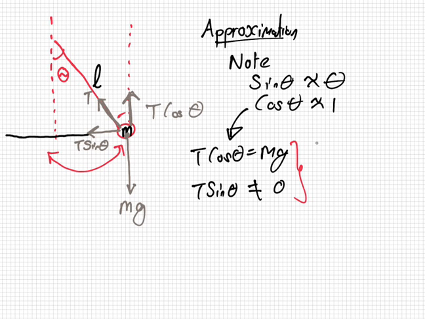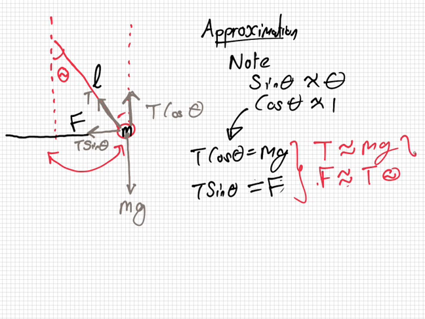Using that result, we can now say that T is approximately mg, and here we have the force. I'll just call this the force that is moving it. The force is approximately T theta.